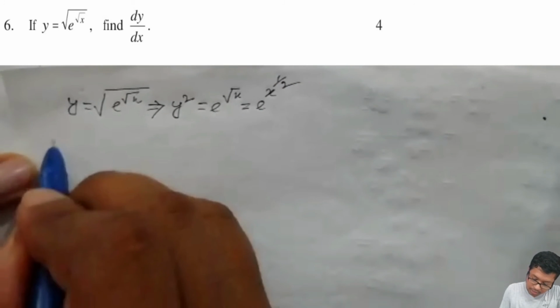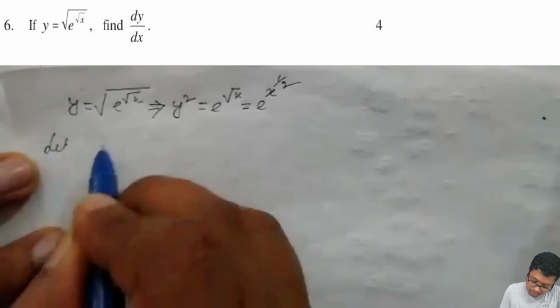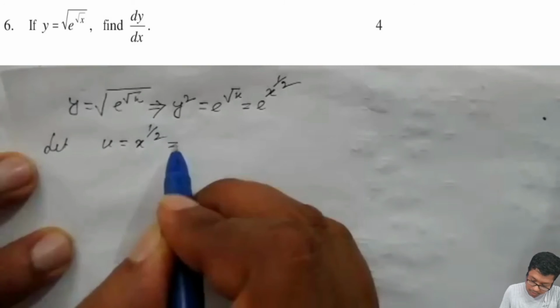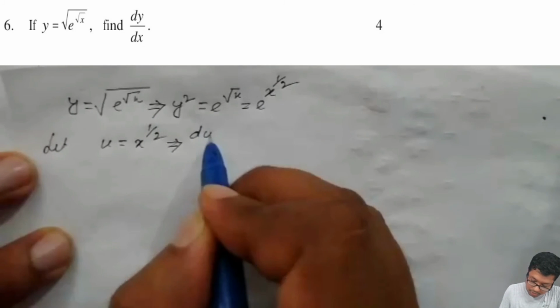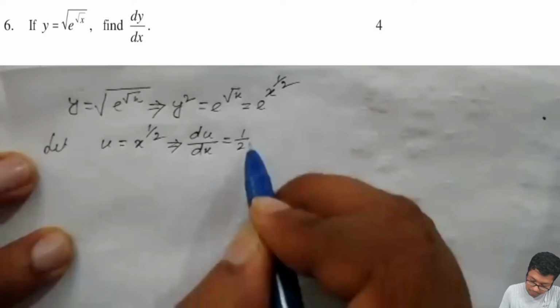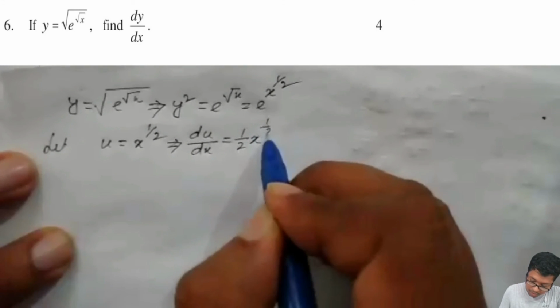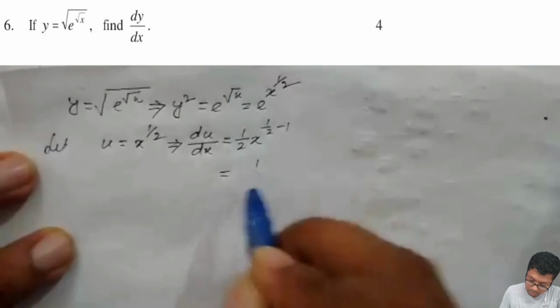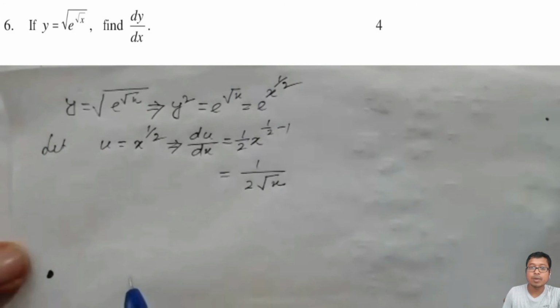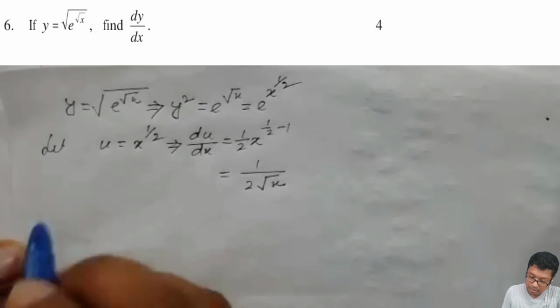Okay, let me consider u is equal to x to the power half. If I take the derivative with respect to x, then we have half x to the power half minus 1, so it becomes 1 by 2 square root of x. Okay, fine, no problem up to here.